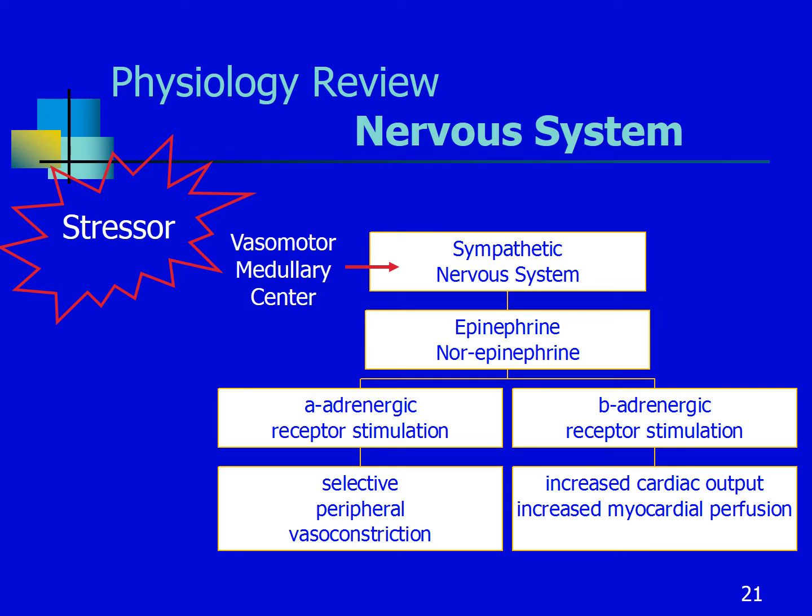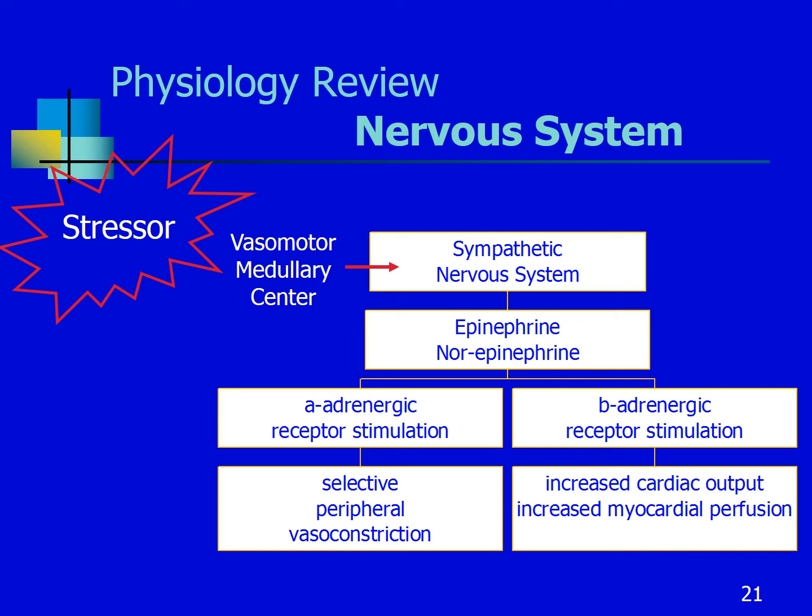And so with that, the release of epinephrine and norepinephrine in the bloodstream is effective, and therefore triggering the alpha adrenergic receptor stimulation and the beta receptor stimulation. When the beta adrenergic receptor is stimulated, there's increased cardiac output, right?